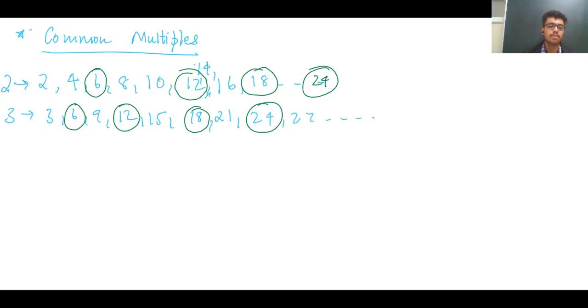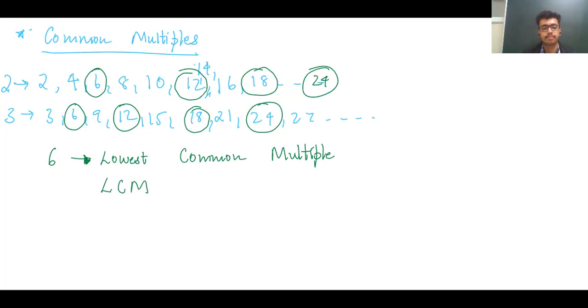Now, which is the lowest out of all these numbers? The circled numbers, which is the lowest? 6. 6 is the lowest, right? So 6 over here, we are going to call the lowest common multiple, or in short form, the LCM.